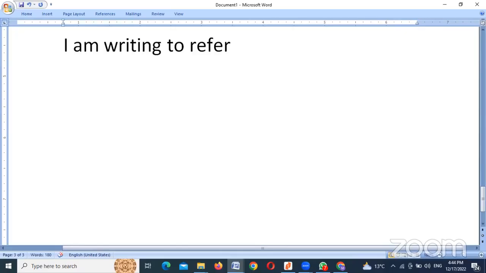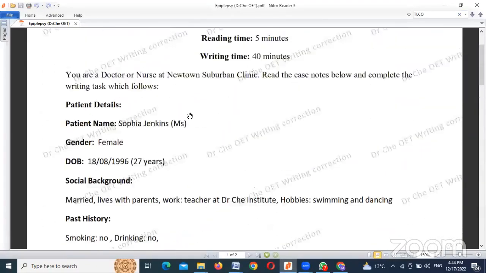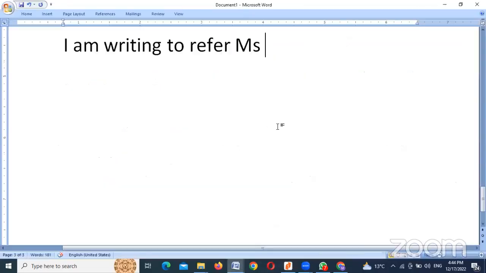Then we need Miss, as it is written in the case notes. And with Miss as title, we will use the surname of the patient. Surname means the second part of the name. Miss Jenkins. I'm writing to refer Miss Jenkins.